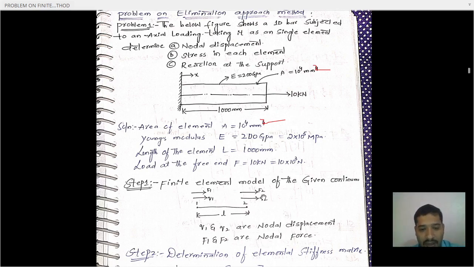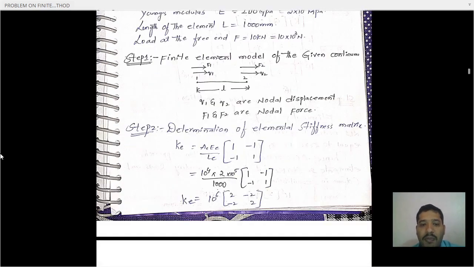Okay dear. Step number 2: determination of the elemental stiffness matrix. The elemental stiffness matrix is represented by Ke equal to Ae Ee by Le times the matrix [1 -1; -1 1]. That is the formula of the elemental stiffness matrix.